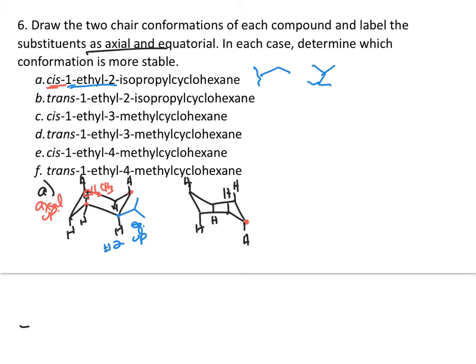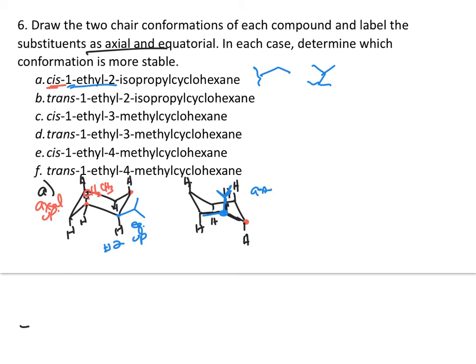And so when you flip it here, this is your carbon number 2, and now it's equatorial. Yeah, I can draw this back in there. Okay, so what you have here then is, go ahead and draw this isopropyl here.